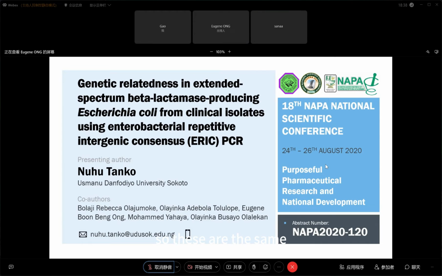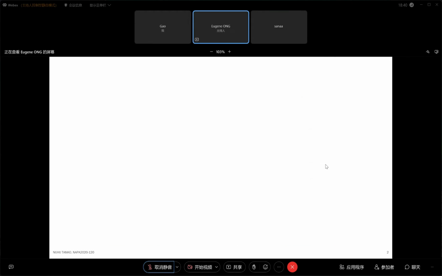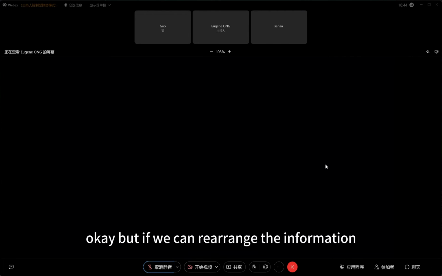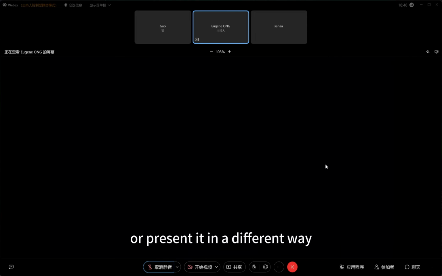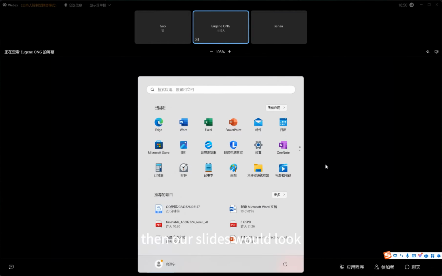So these are the same slides that you saw just now. Okay, but if we can rearrange the information or present it in a different way, then our slides would look easier to follow.